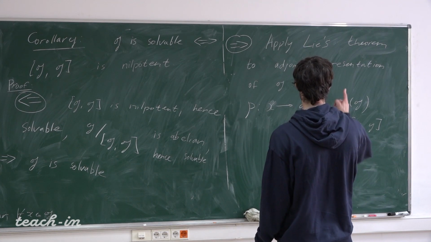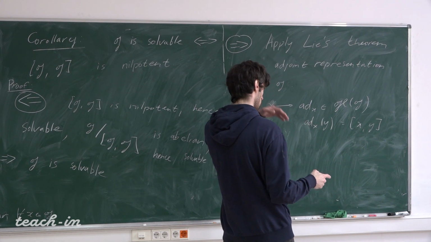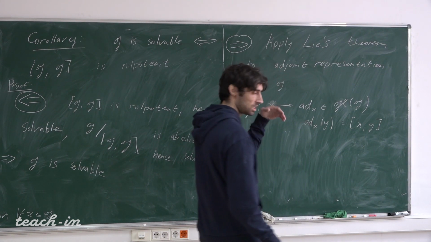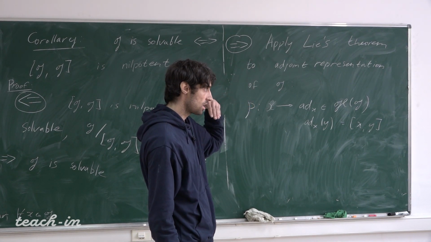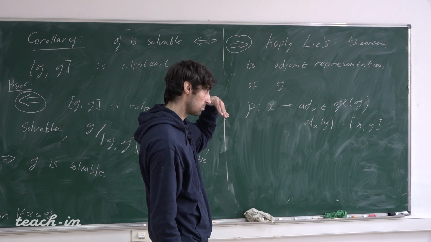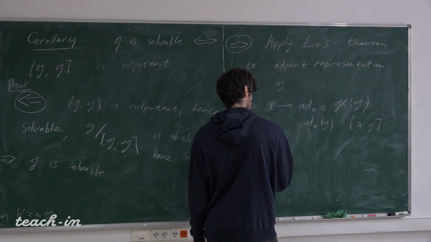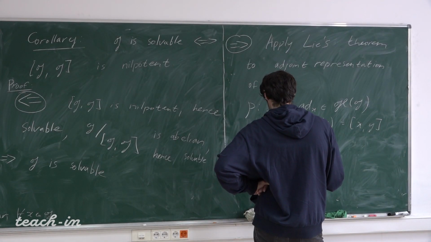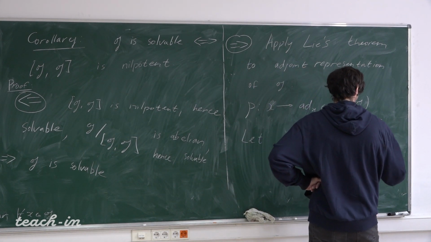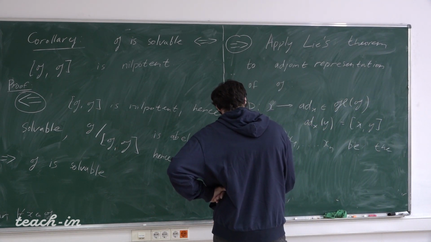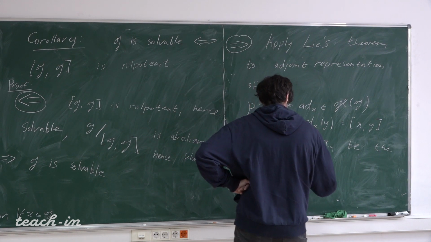We apply Lie's theorem. It means that on our representation space G, we have a basis such that ad X acts as an upper triangular matrix. So let X1, ..., Xn be the basis from Lie's theorem.